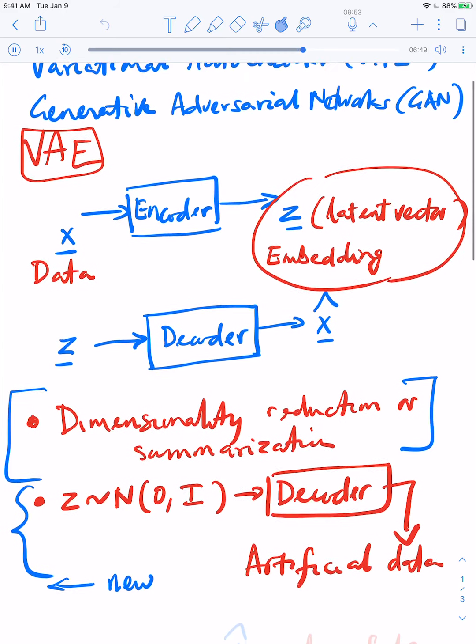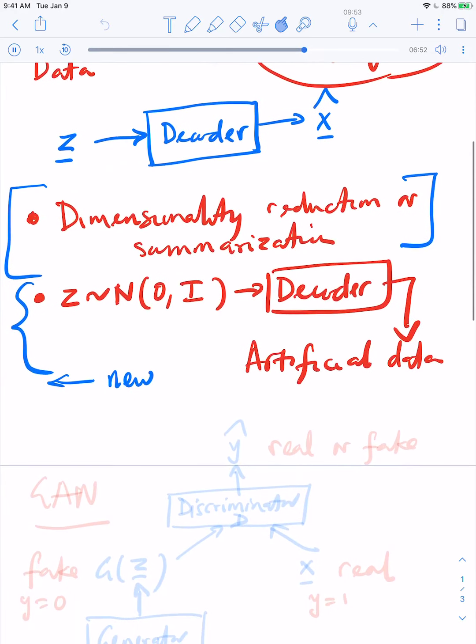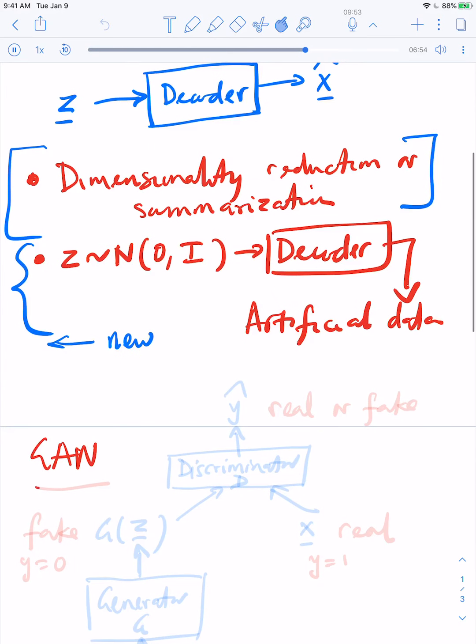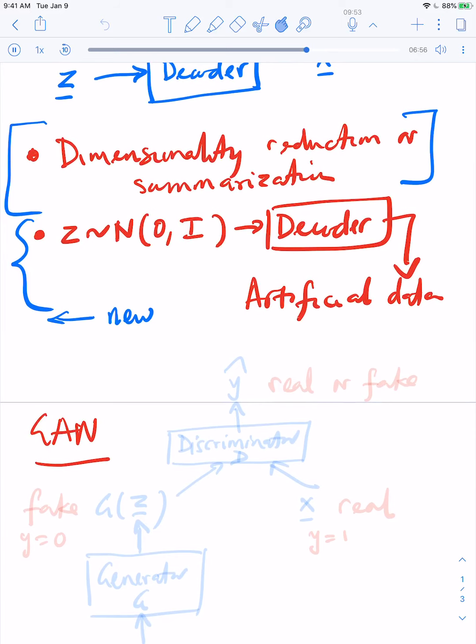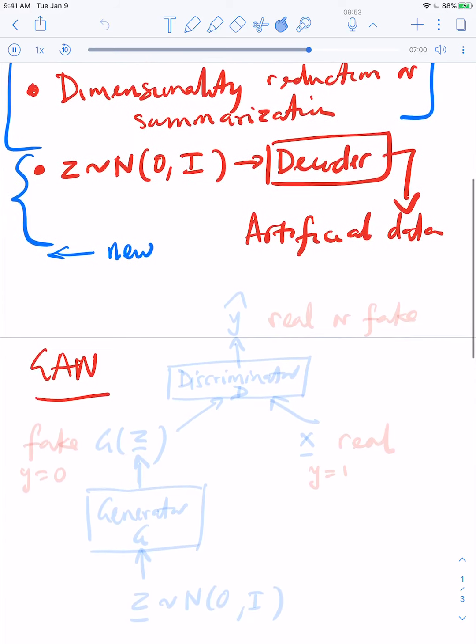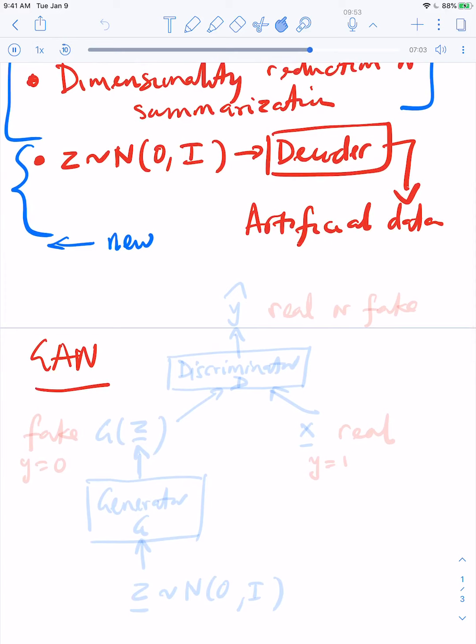Now, GANs, on the other hand, are a completely new concept introduced a few years back, in 2014, by Goodfellow et al. And that basically says, I won't worry about the embedding at all. I'm going to try to generate fake data directly. So the concept of GAN is, I'm going to come up with a generator, G, which takes latent vectors from some nice distribution.